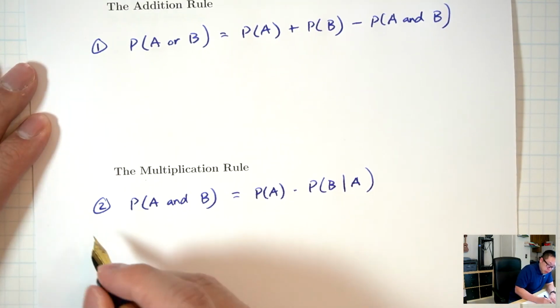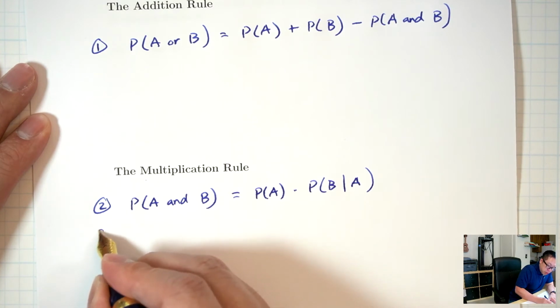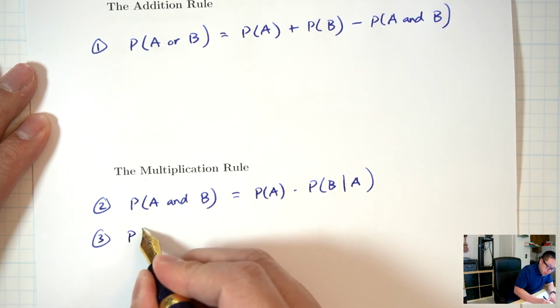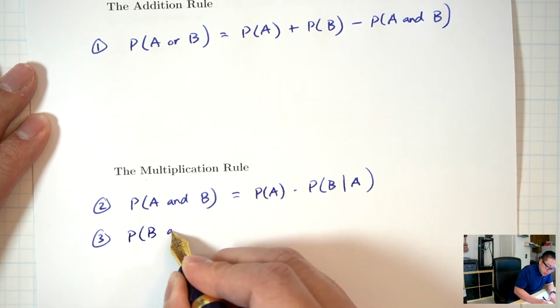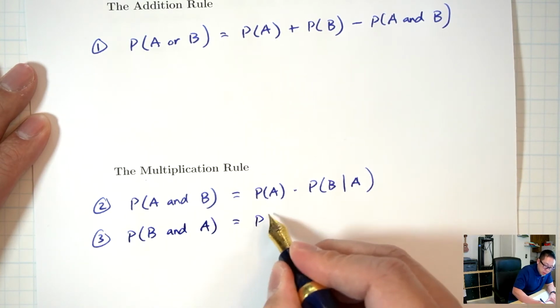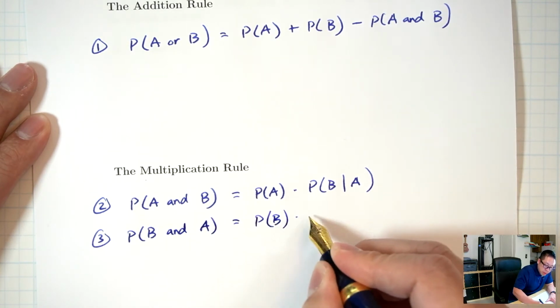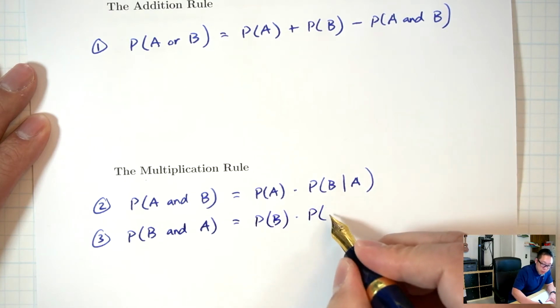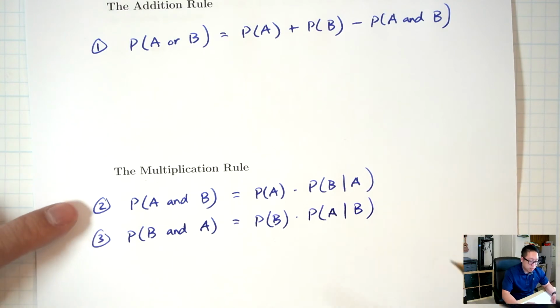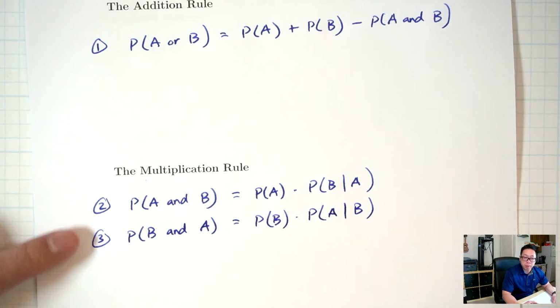And then there's a third one, which is going to be useful for us. And you get that third one by swapping the A's and B's. So probability of B and A is equal to the probability of B times the probability of A given B. Right, so all I did was I started with equation 2 here and just swapped the A's and B's, and I got 3.